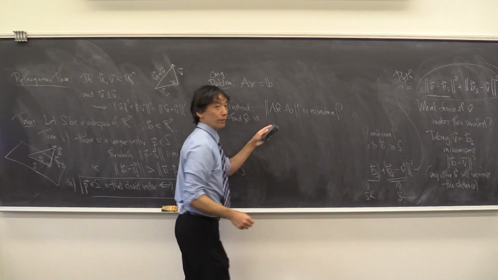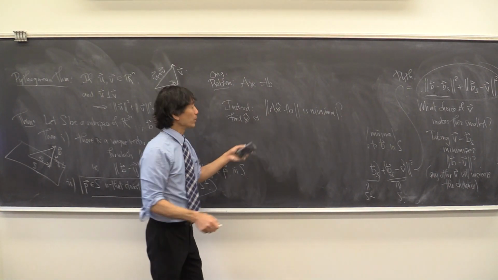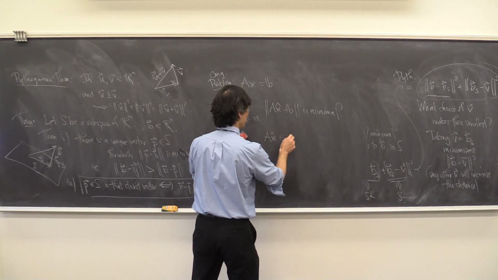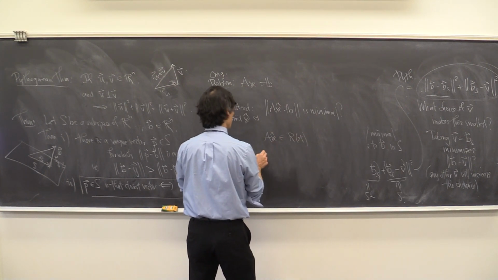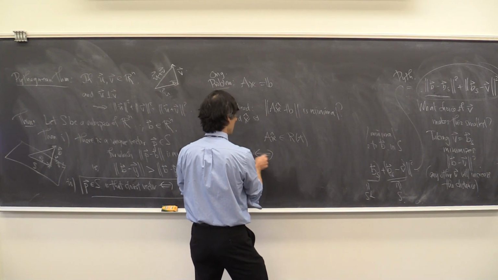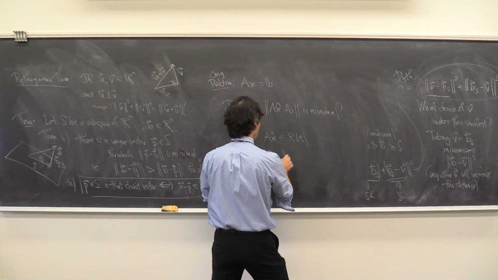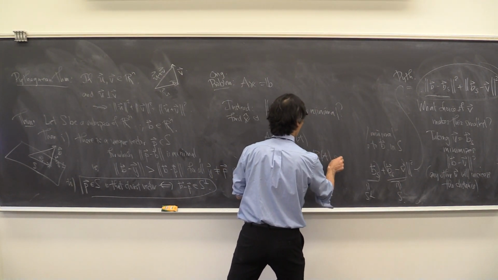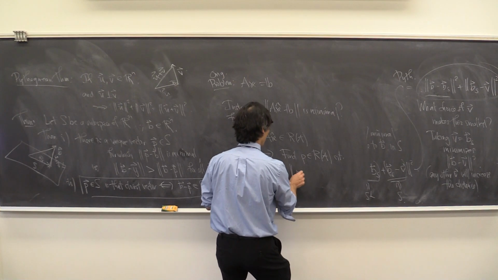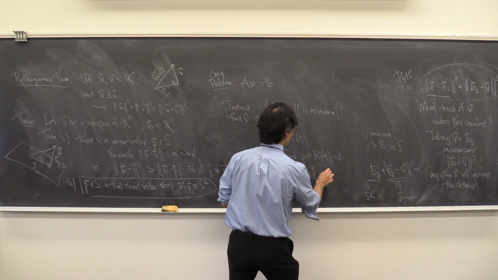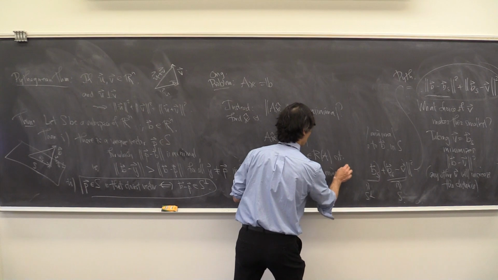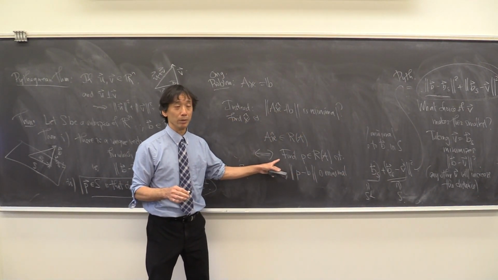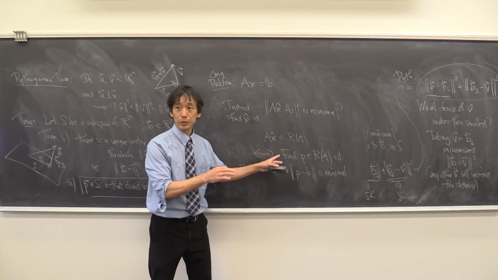And then you realize that A x hat is in the range of A. So you change the problem again, and you say, we want to find P in the range of A such that P minus B is minimal. That was our final version of the problem.